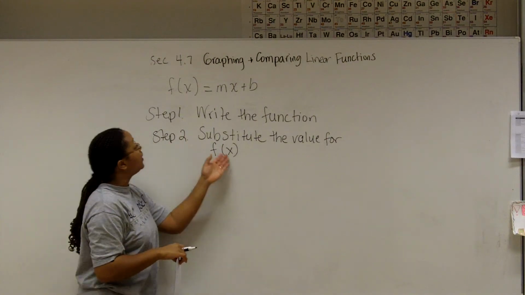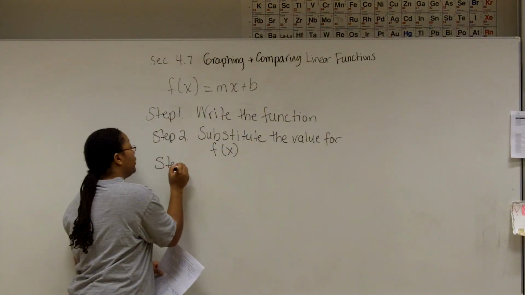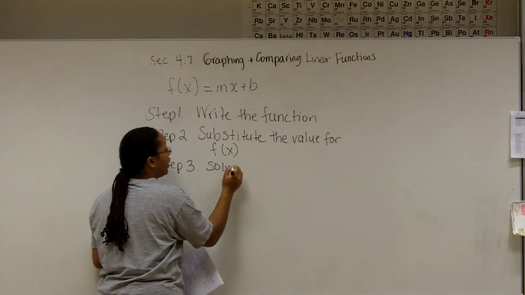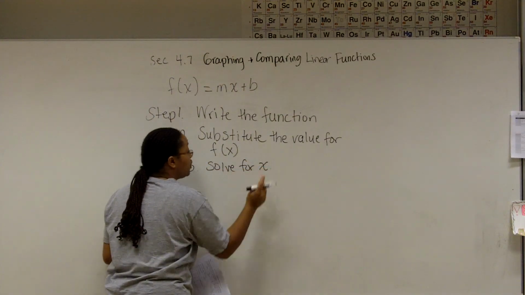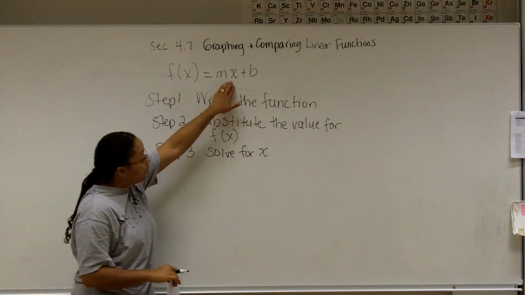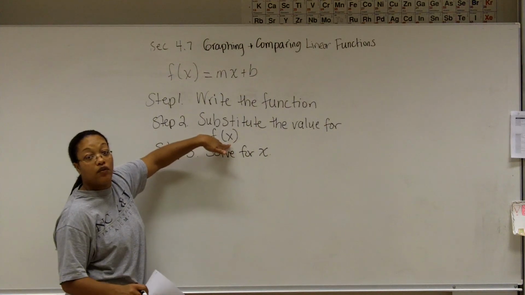You're going to substitute that in to your left-hand side. And then it's a basic two-step equation. Solve for x. You're going to determine what value x must be in order for your f of x to be whatever number you're starting off with.